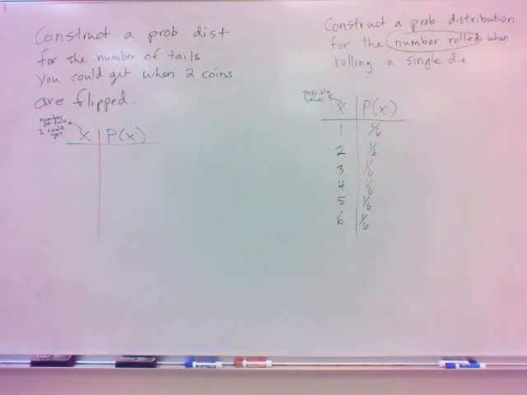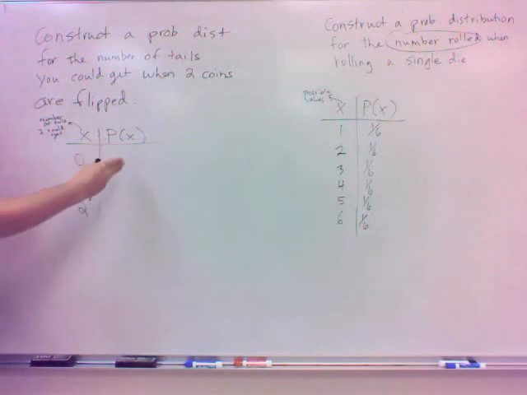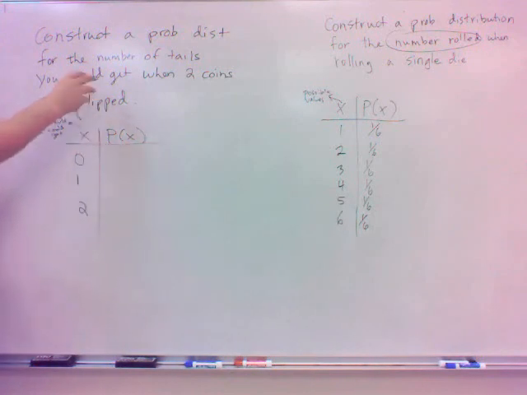I could get no tails. So x could be here, what? It could be 0, or 1, or 2. I could get 0 tails, 1 tail, or 2 tails out of the whole thing. So that's our x's.